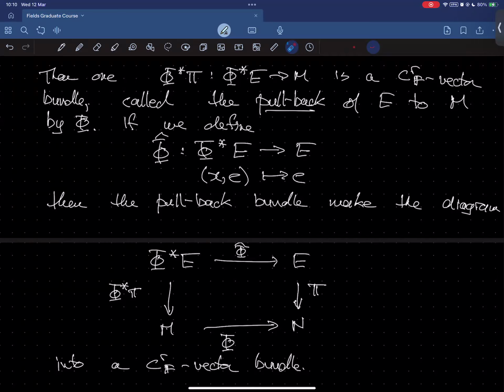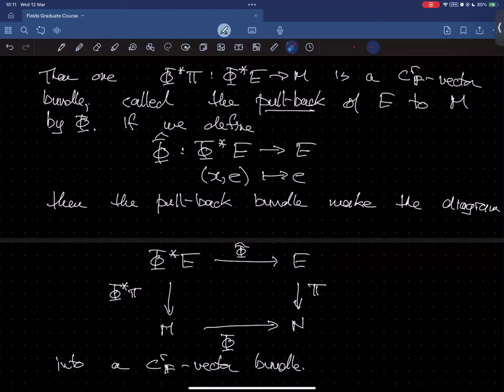But the idea is you have a mapping between manifolds, and you take objects here and you pull them back by the mapping to objects here. Okay, and here the object is a vector bundle. So you're pulling back the vector bundle E to a vector bundle over M.